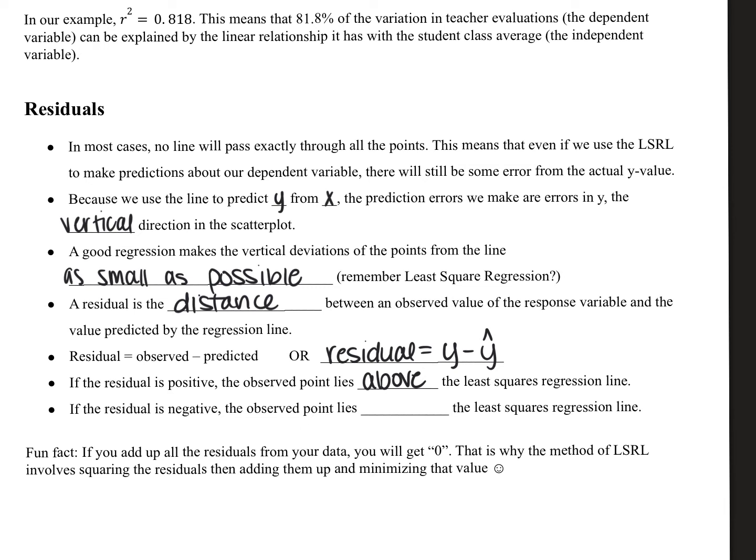And if the residual is negative, it lies below the least squares regression line. Right? And if we add up all of the residuals from the data, we will get 0. That's why using a least squares residual involves squaring them, then adding them up.